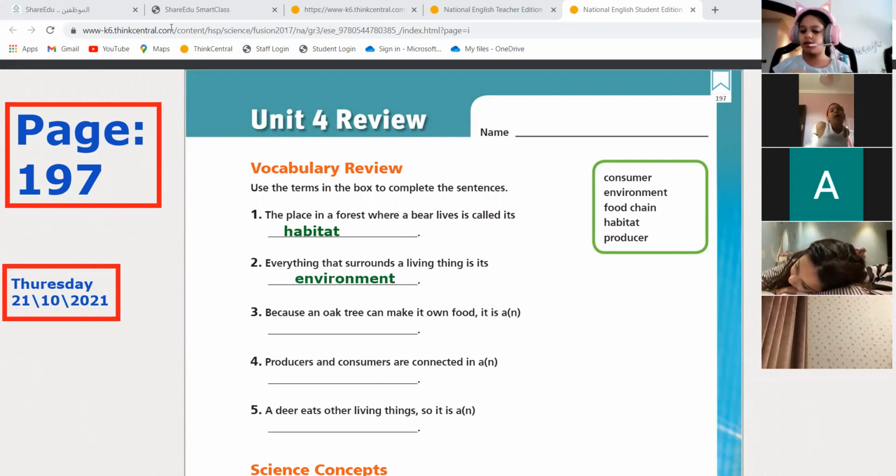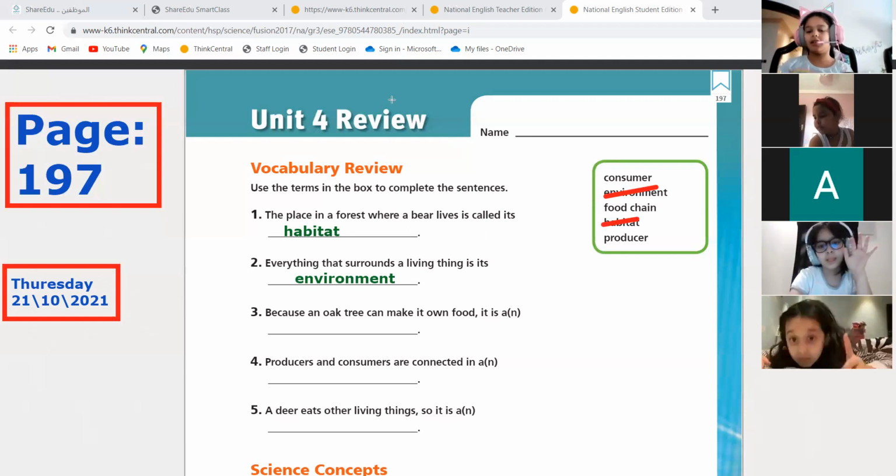So if we have a living thing that makes its own food, what do we call it? Do you want a hint? Is it a consumer or a producer if it makes its own food? Teacher, I know. Consumer.